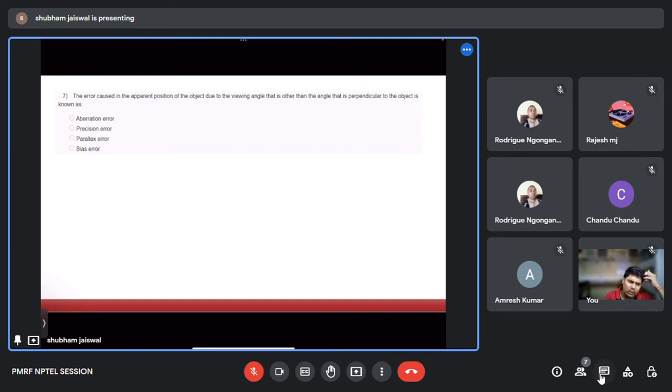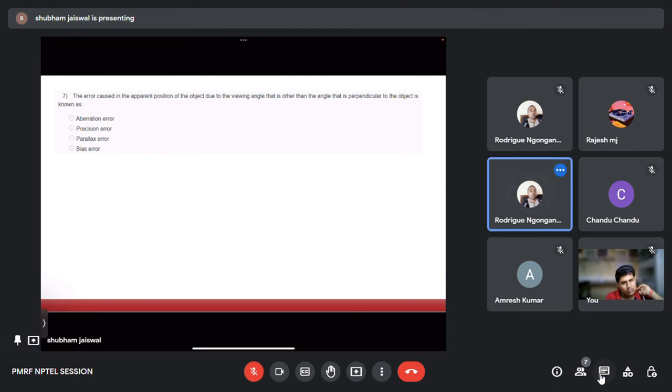We have already seen this in week 3 or week 4's content, where we saw Abbe's principle, visibility of scales, and readability of scales.